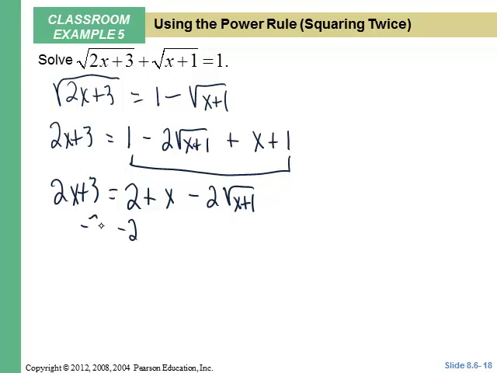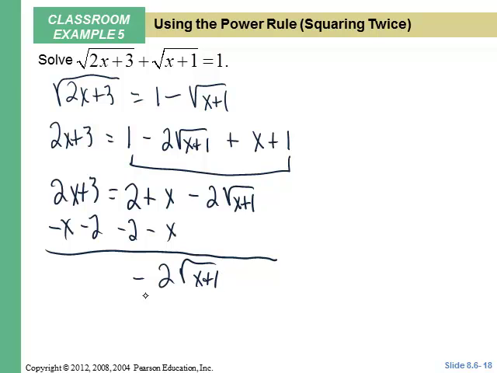Subtract 2 from both sides. Subtract x from both sides. And you get negative 2 root of x plus 1 equals x plus 1.